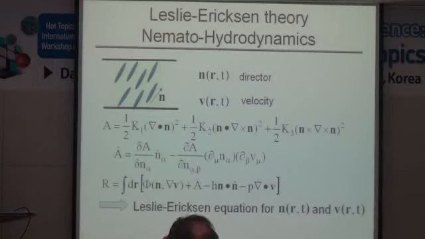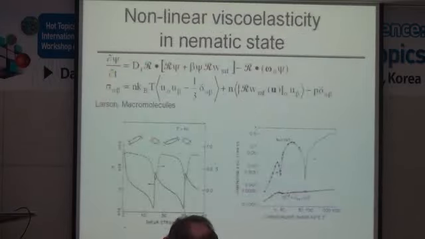The full set of equations becomes quite complicated. I am not repeating it here. Now, of course, the other part, I think this was also mentioned in Peter Palffy-Muhoray's lecture this morning.